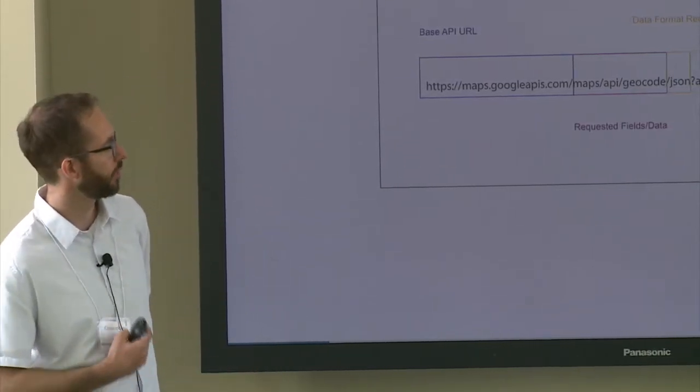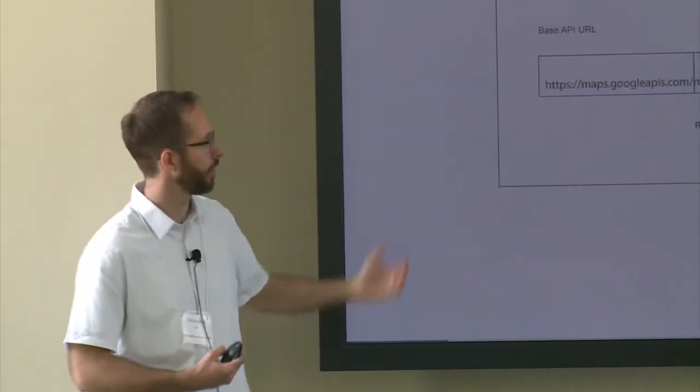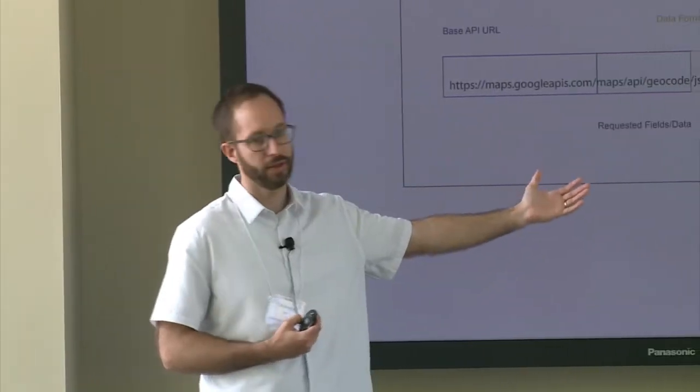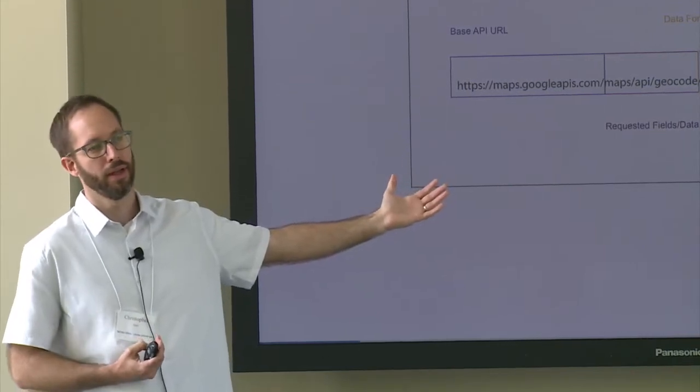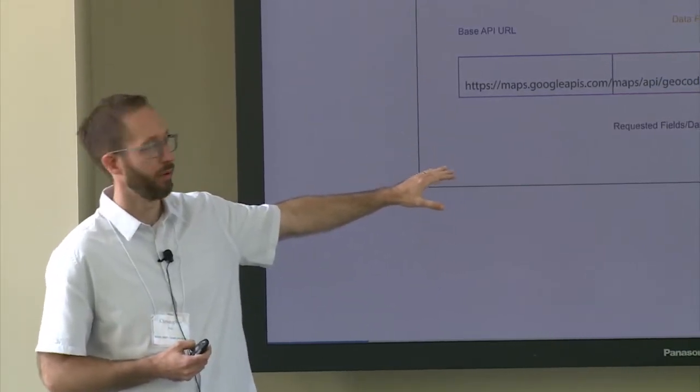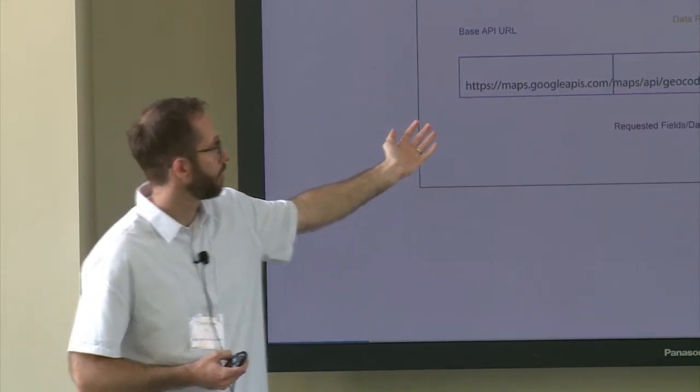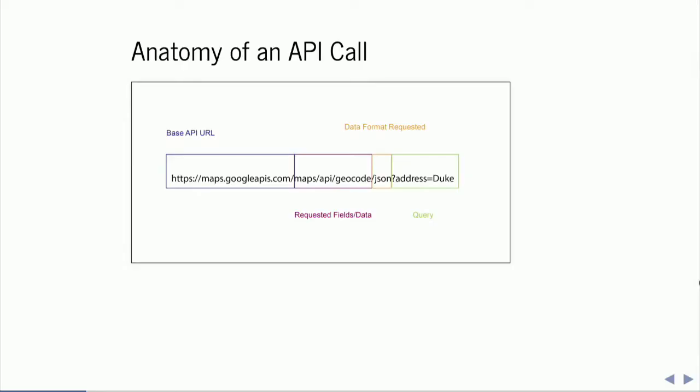And so when we say making an API call, it really means that we are stitching together some type of URL. And the stitching together is the important part. As you'll see here, most APIs will have some type of base URL. Here, this one is called maps.googleapis.com. And then within that base URL, we need to specify which part of the API we want to use.